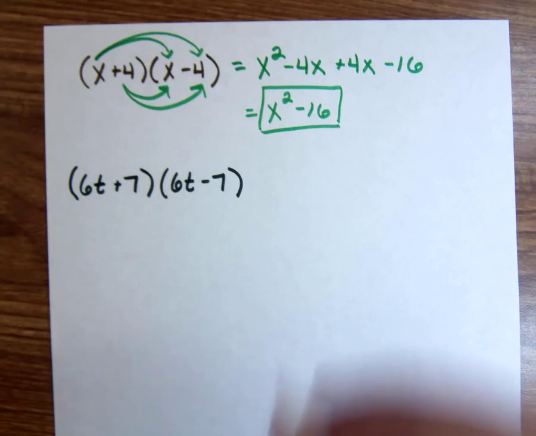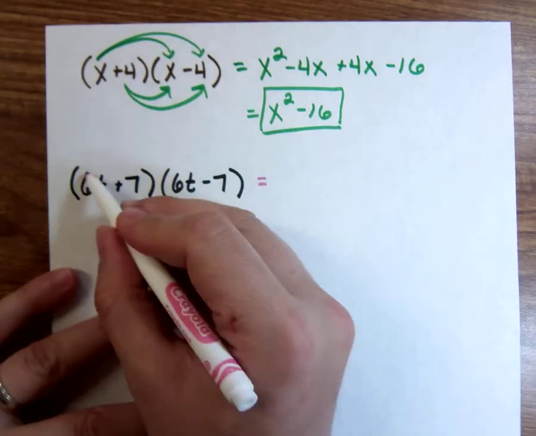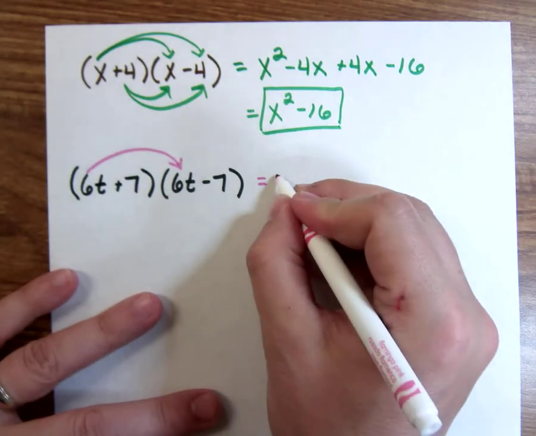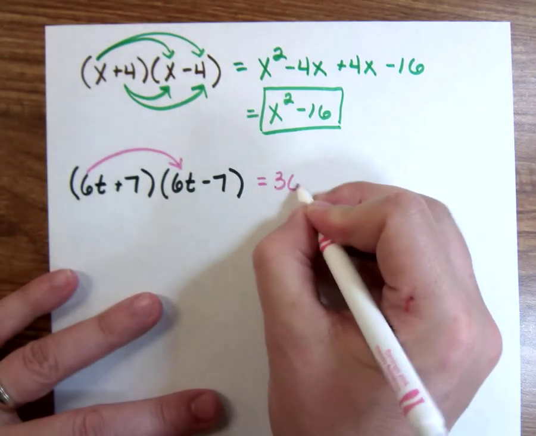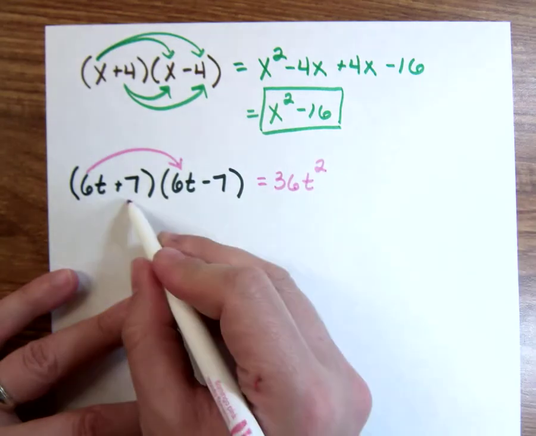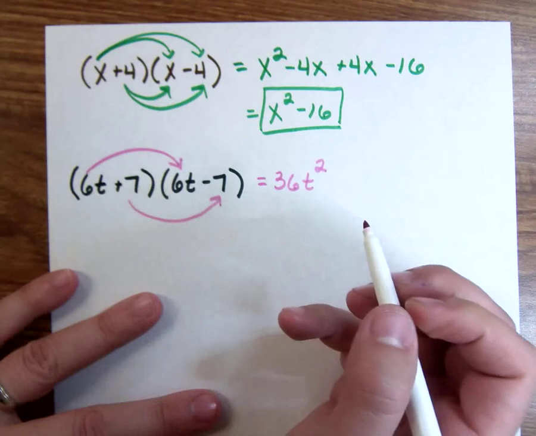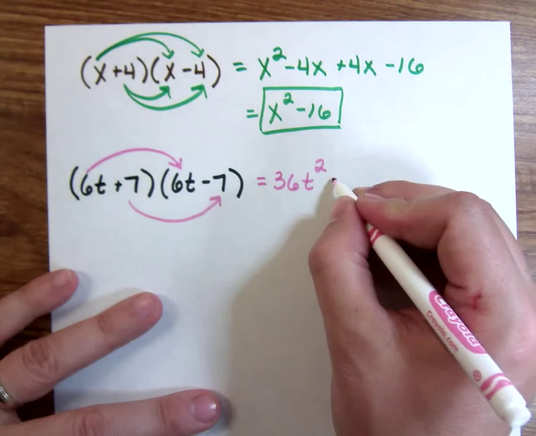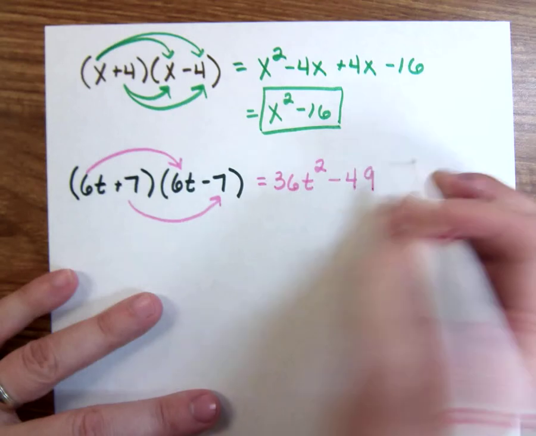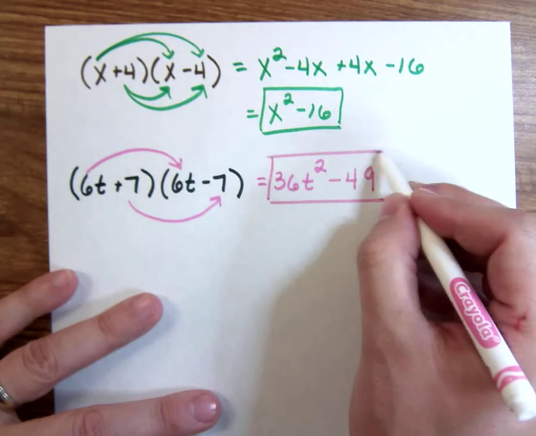So here's my shortcut. Multiply the first things together. 6t multiplied by 6t, 36t squared. Then multiply the last things. Positive 7 times negative 7. Negative 49. And I'm not even going to do the stuff in the middle because I know it's going to cancel out. Don't believe me?